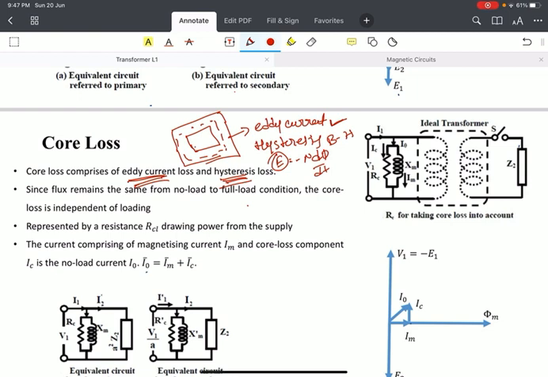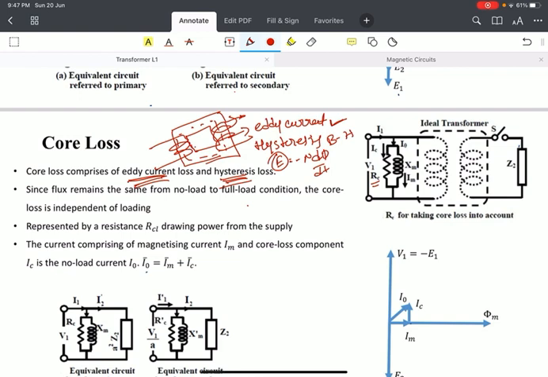When a load is connected across the secondary terminal, the load current will try to reduce the flux, but the primary current, the magnetizing current, will increase in order to maintain the constant flux in the magnetic core. Therefore, this core loss is independent of the loading of the transformer. Therefore, this core loss can be represented in terms of Rc in the primary of the transformer, as a resistance.